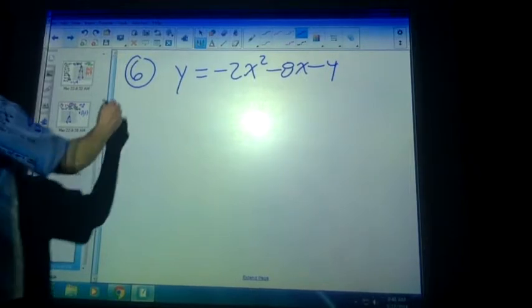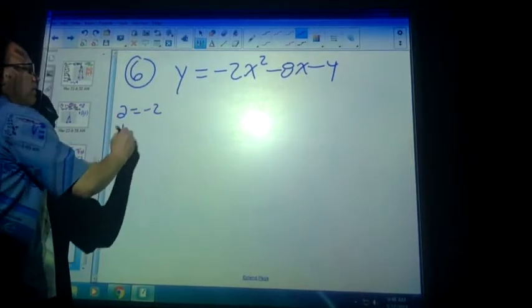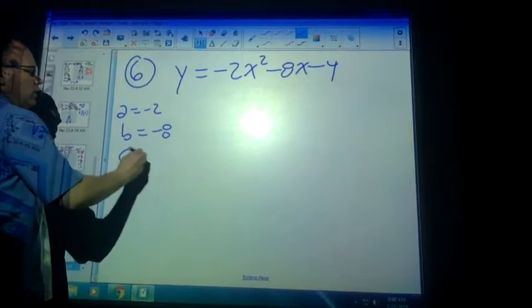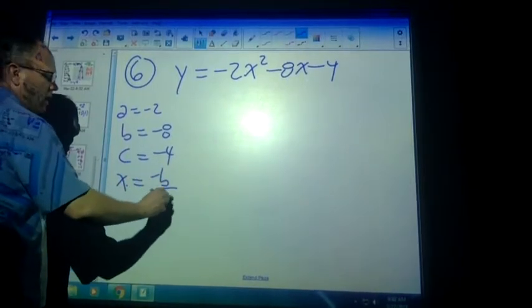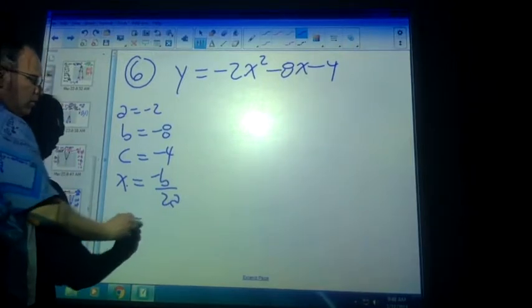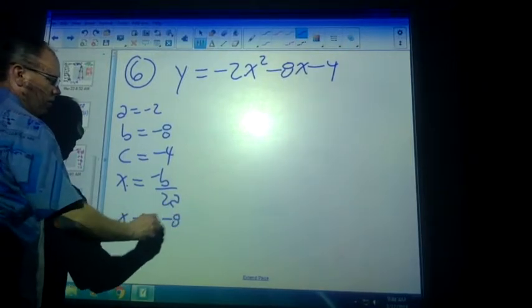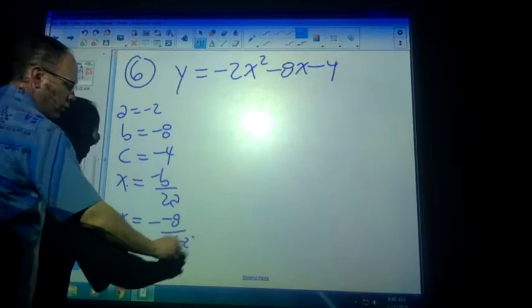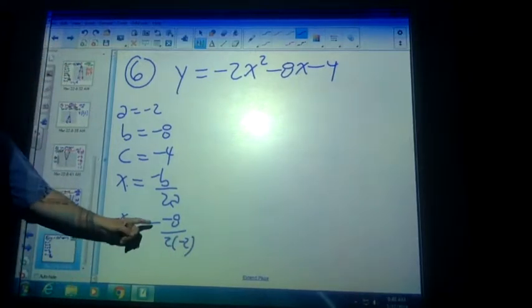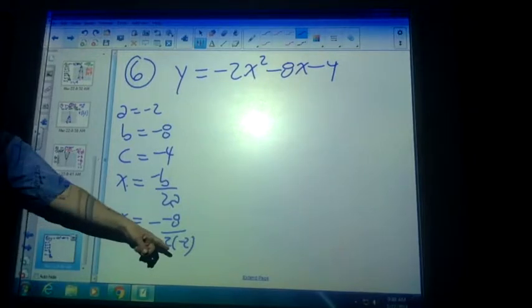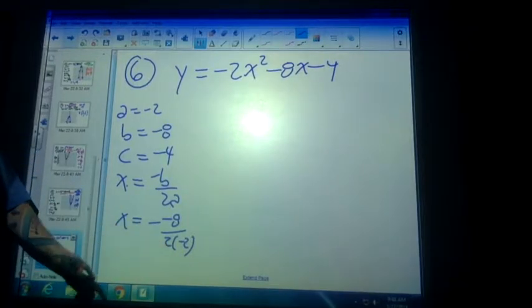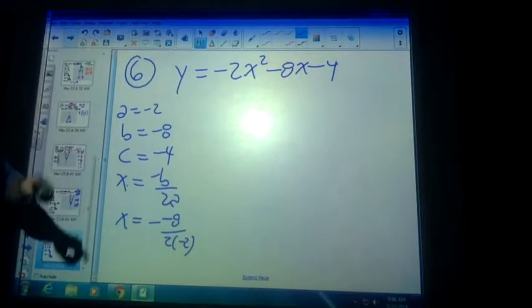On this one, my A value is negative 2, my B value is negative 8, and my C value is negative 4. So x equals negative b over 2a, which is negative 8 over 2 times negative 2. Negative negative 8 is positive 8. 2 times negative 2 is negative 4. What is 8 over negative 4?